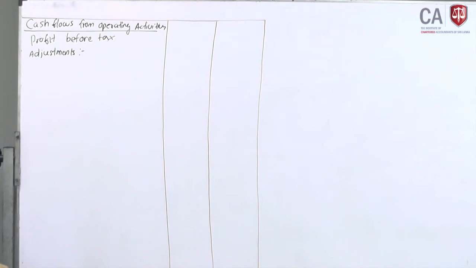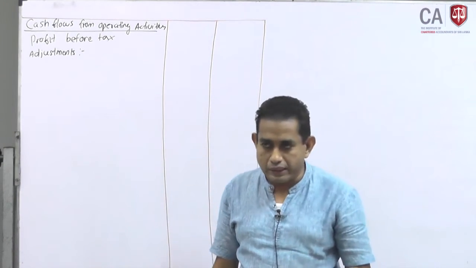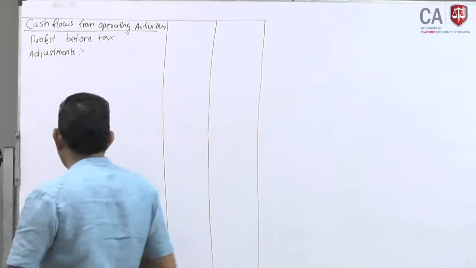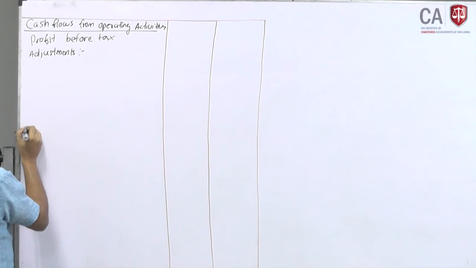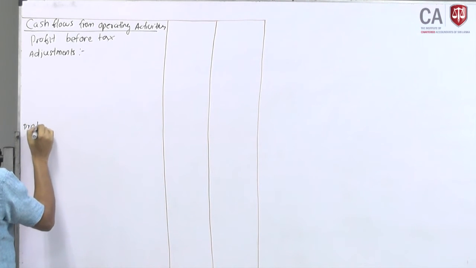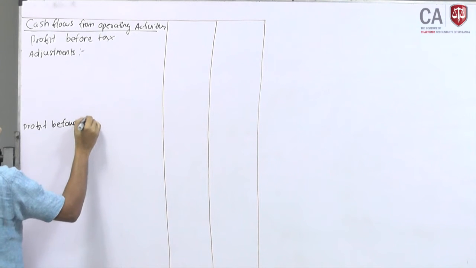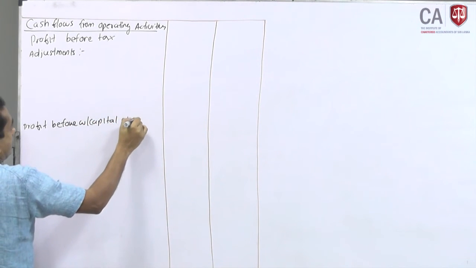This is where you incorporate the adjustments of non-cash, adjustments of deferred, and then you get an answer. We call it profit before working capital changes.